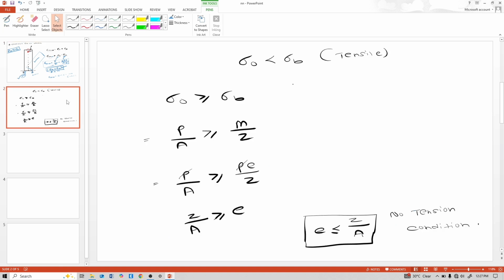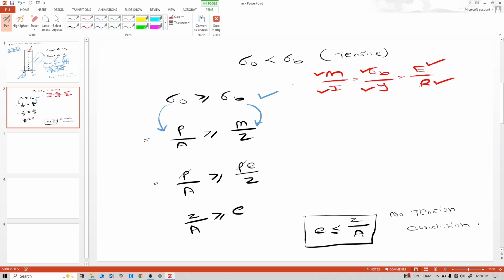If we apply this condition, then sigma 0, we all know, is the direct load divided by area, and sigma B is M by Z. How does sigma B come? See, in the bending formula, we all know M by I is equal to sigma B divided by y and E by R. M is the moment, I is moment of inertia, sigma B is bending stress, y is the distance from the neutral axis to the elemental strip where we are interested in finding the stress, E is modulus of elasticity, and R is radius.